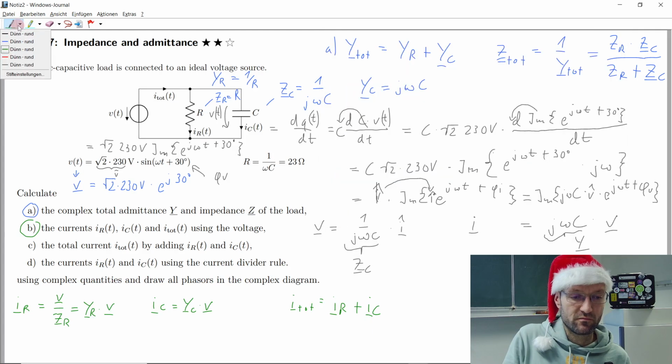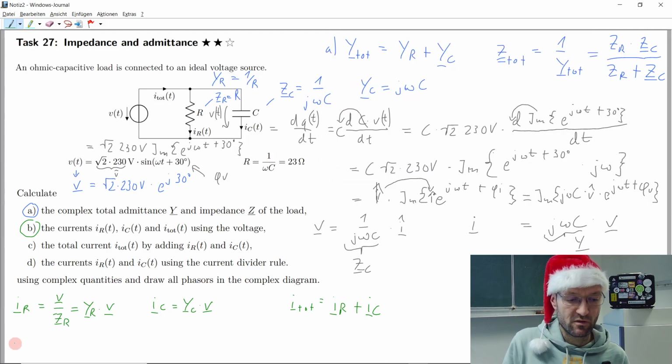And so here we can say, okay, the current through the resistor as a time function once again would be 14.14 ampere times sinus omega t. And we need to have the angle.